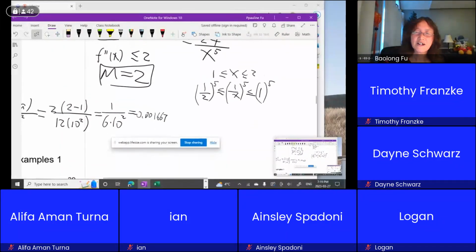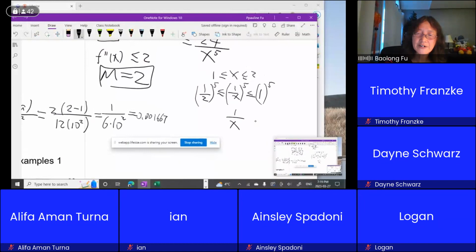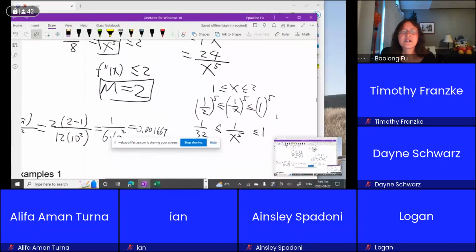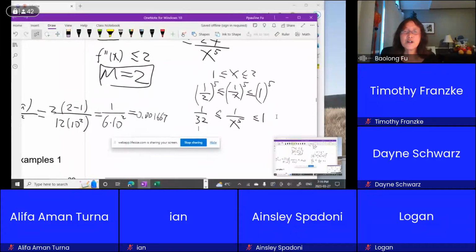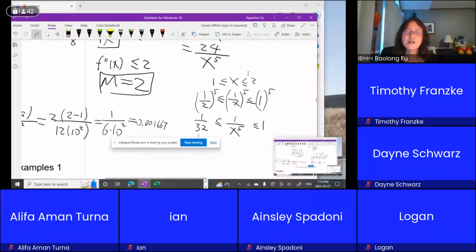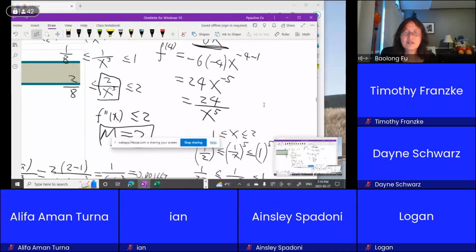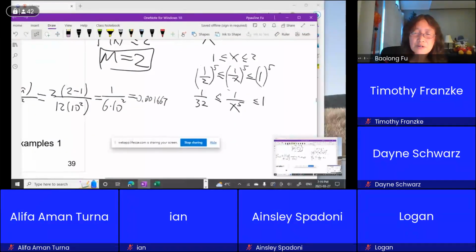Then we have 1 over x to the fifth smaller than 1, and this part is 32. After that, we multiply by 24. Why multiply by 24? Because the fourth derivative has 24. So 24 here, 24 here, 24 here.